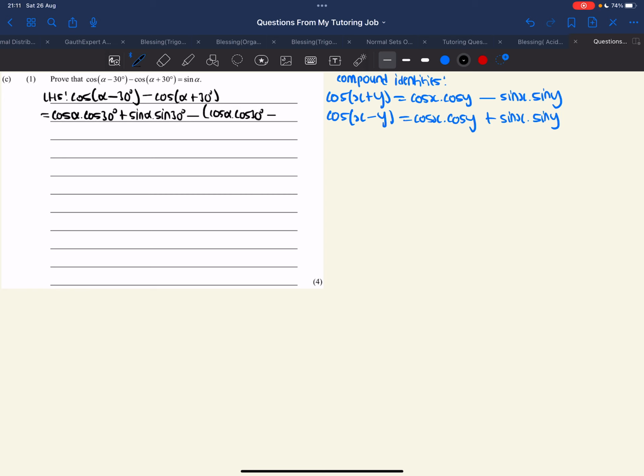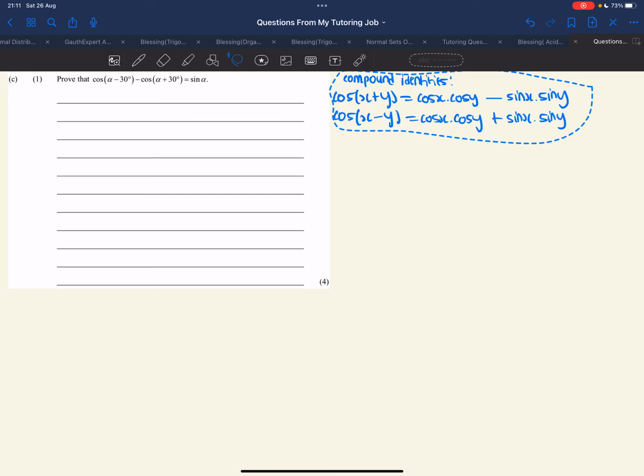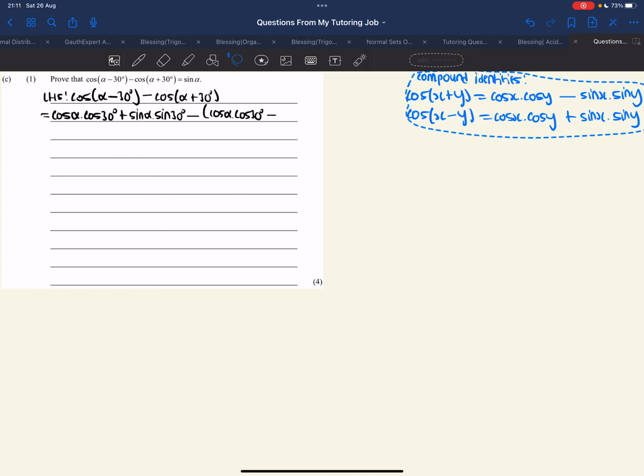then minus sine alpha sine of 30 degrees.